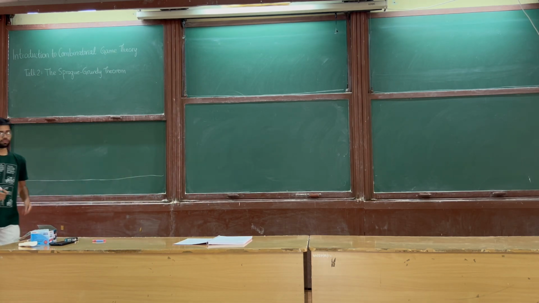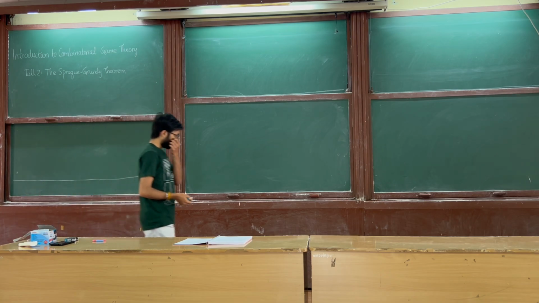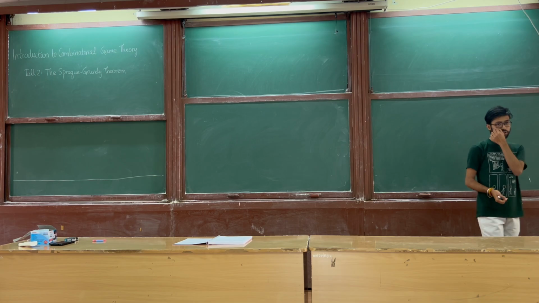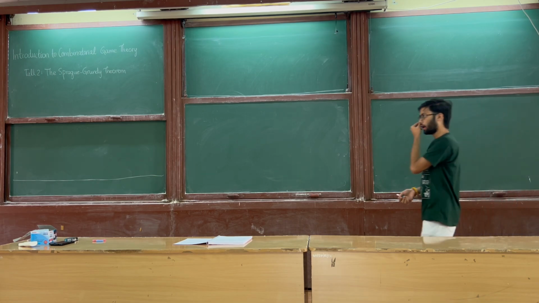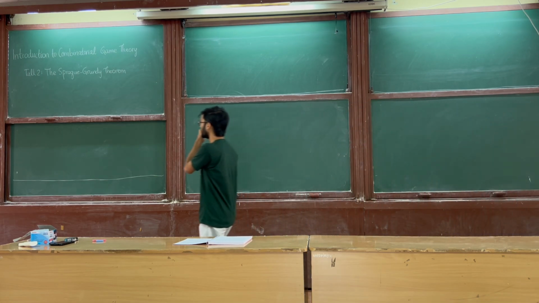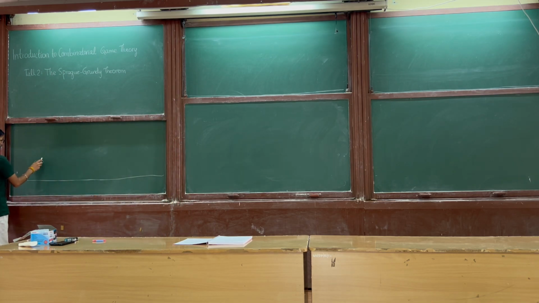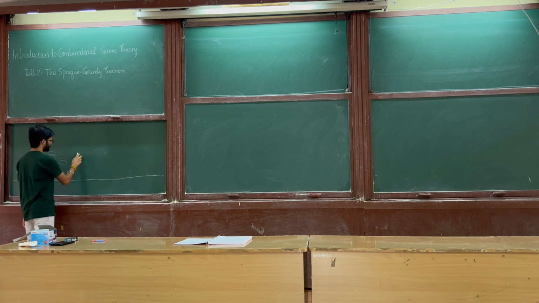Okay. So the first thing I want to emphasize is that from now on we wouldn't call them games, but we'll call them positions in games. For example, let's say I have a Nim position and let's say I have a Chomp position.